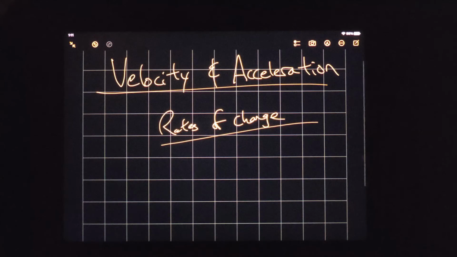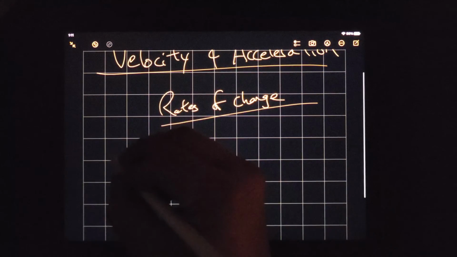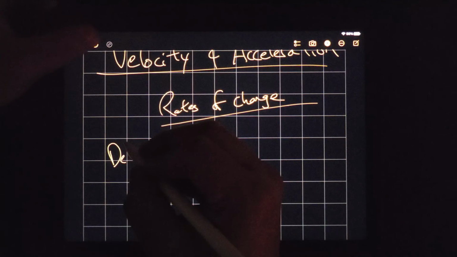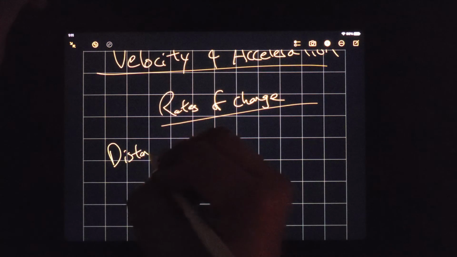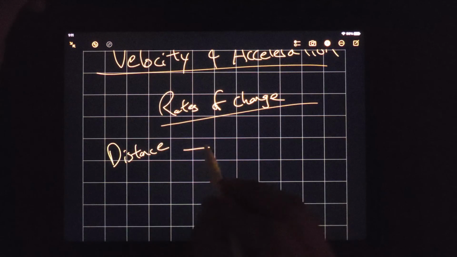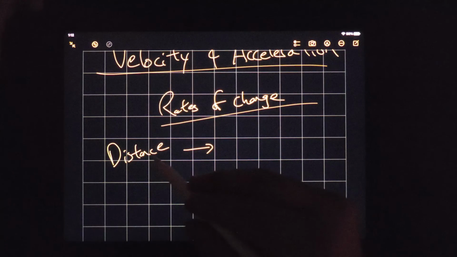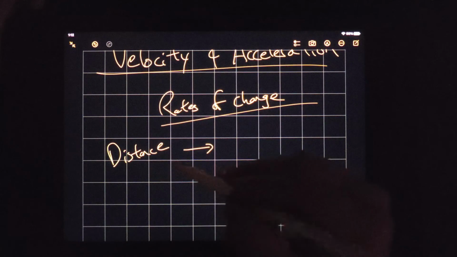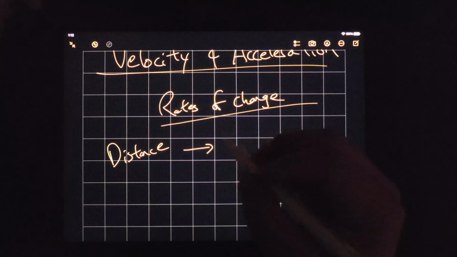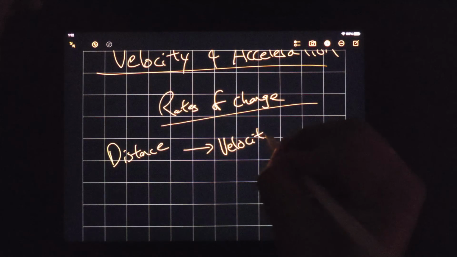So let's say you have a function that describes the distance. If you take its derivative, you're going to find the rate of change at which the displacement or the distance is being traveled. You'll have the velocity.